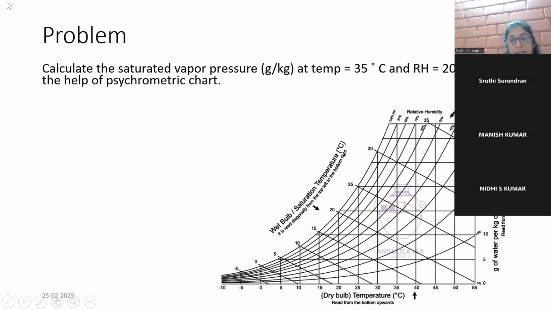It is simple. I don't want accurate values, I just want you to know how to read this chart. With the temperature given and the RH given, trace back to the respective axis to find the respective quantity.